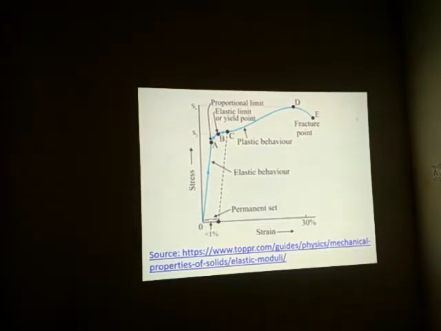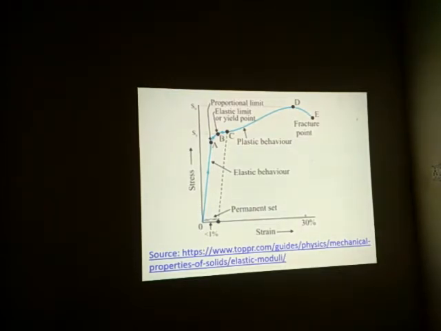If the load exceeds further, then this curve becomes non-linear. The last point up to which this plot is linear is known as the proportional limit, and up to some further point when the load exceeds, it becomes the elastic limit or yield point B.